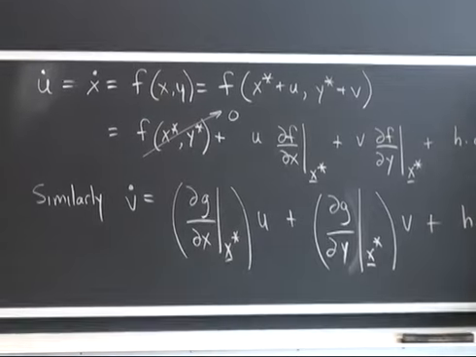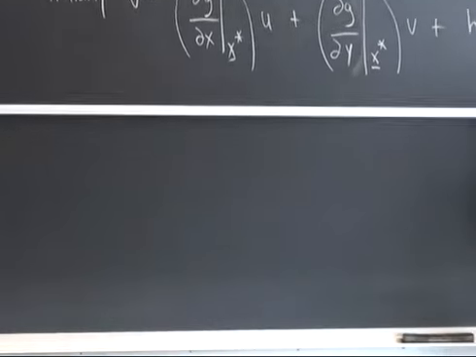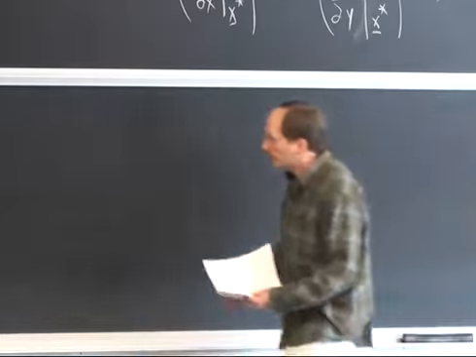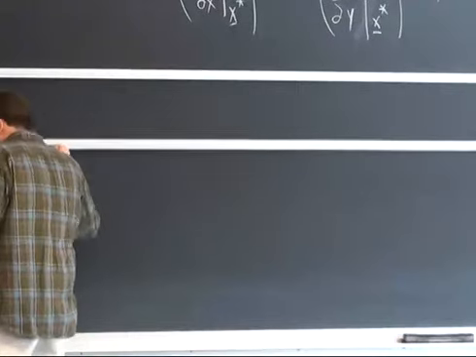And so collecting all this into a more compact notation, it's nice to write it as a matrix times a vector.